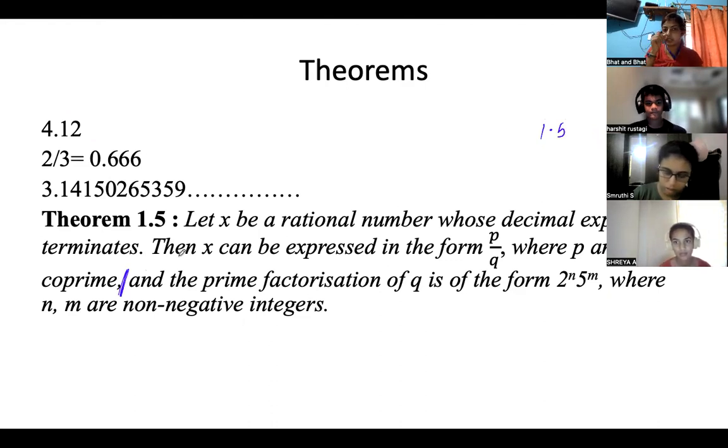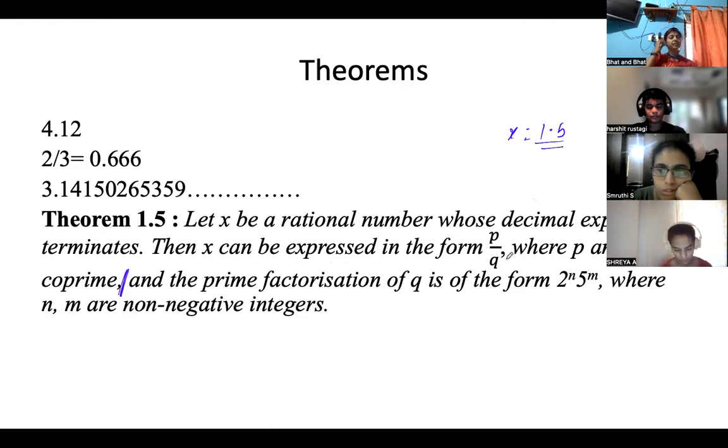Now, what does the statement say? Let x be a rational number whose decimal expansion terminates. Then x can be expressed in the form of p by q.